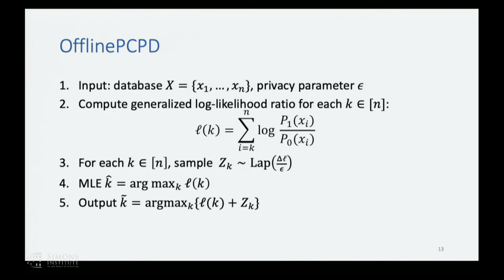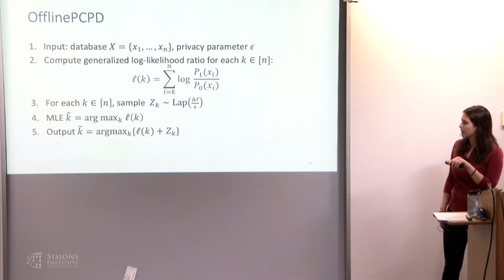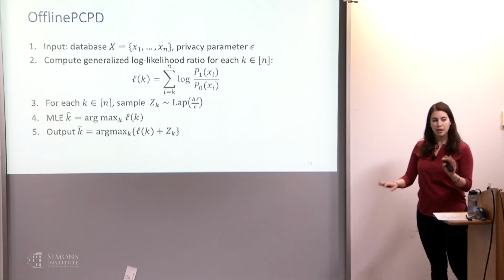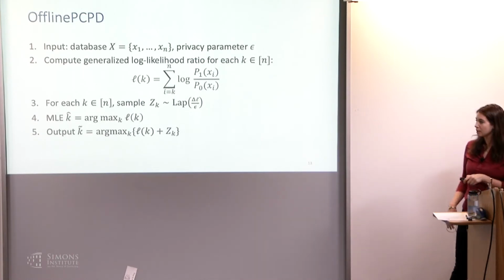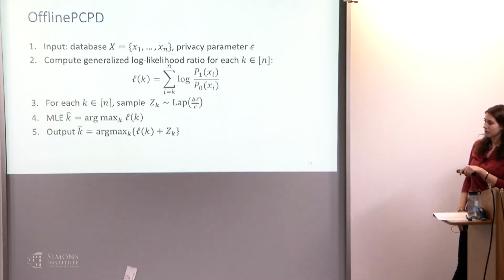And so the algorithm goes like this. We have our input database and our privacy parameter, and we still compute the same likelihood ratios. And then for each time point, we draw some noise. This step is actually not critical for the algorithm, but I put it here to illustrate something you can do. If you don't care about privacy, then you can still compute the non-private MLE just based upon what you have done so far.